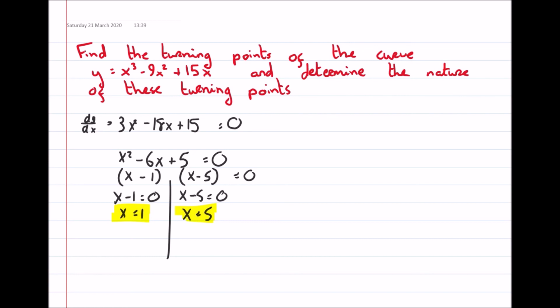Now remember, I just have the values. Okay, I don't have the points yet. Let's get the points first, right? I have the values x equals 1 and x equals 5. So I'm going to put in x equals 1 into the function to get the y value. So we have x cubed minus 9x squared plus 15x. If we put 1 into that, so 1 cubed minus 9 times 1 squared plus 15 times 1, this will give us out 7.